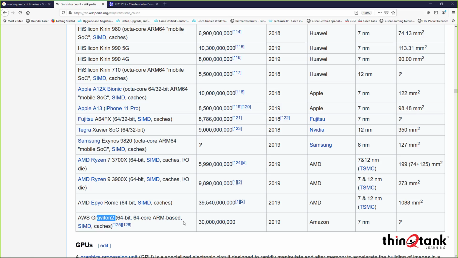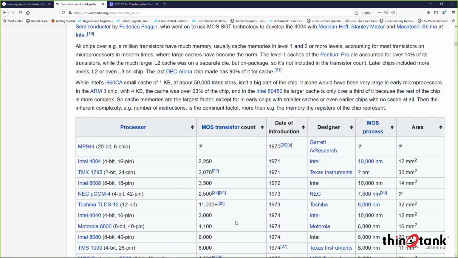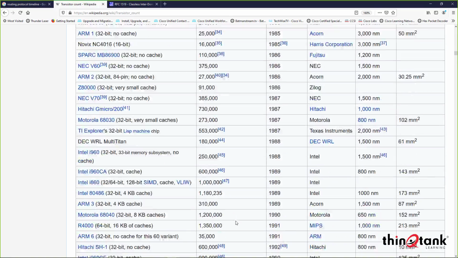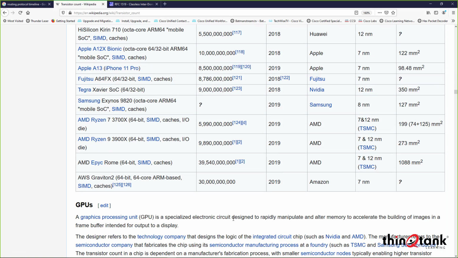That's a really expensive CPU. But here's the idea. Amazon developed that. That's kind of interesting. Designed by Amazon. It's a pretty powerful CPU, right? Probably for their, well, this one's even more powerful, almost 40 billion transistors, AMD.